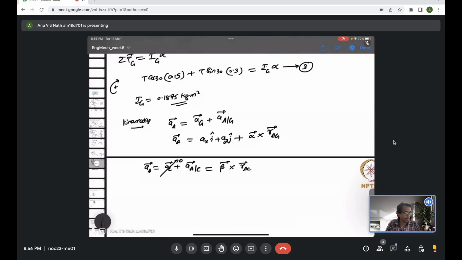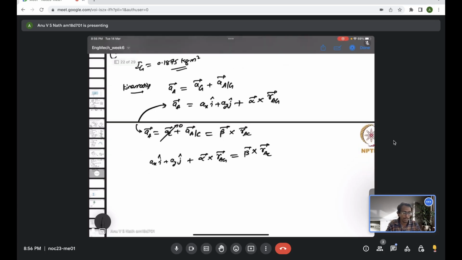Now here beta is an unknown. RAG and RAC both are known. So now if we combine both equations, you will get AXI plus AYJ, because the left hand side is equal for both, plus alpha cross RAG is equal to beta cross RAC.